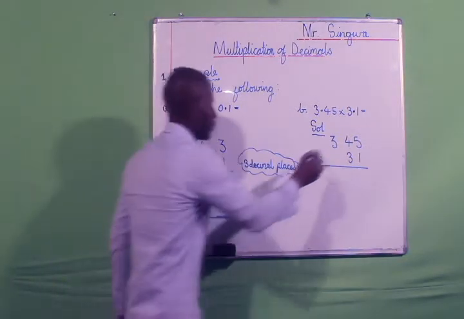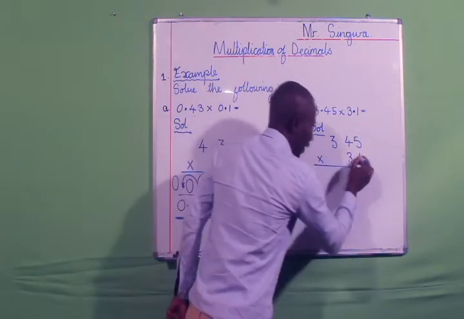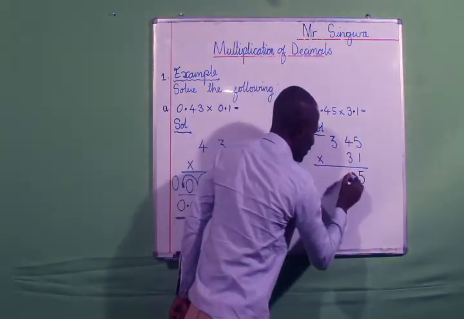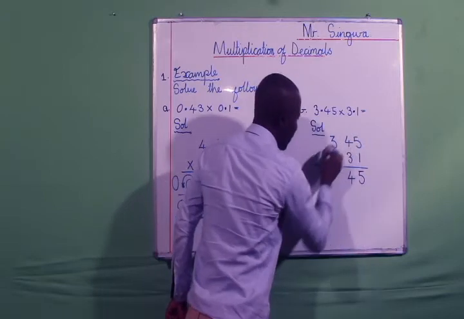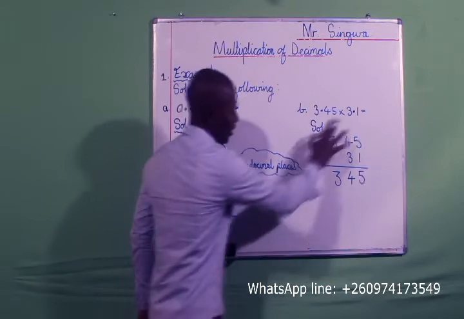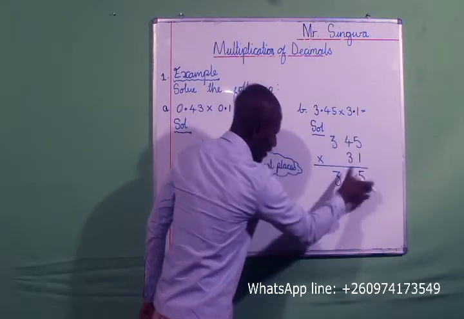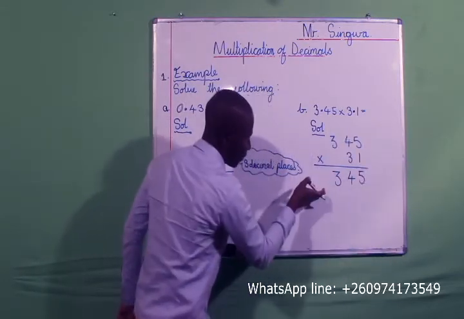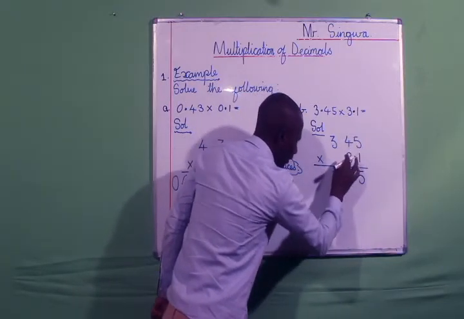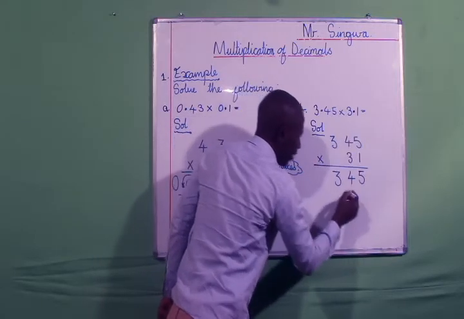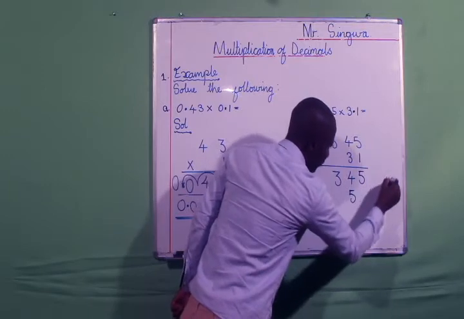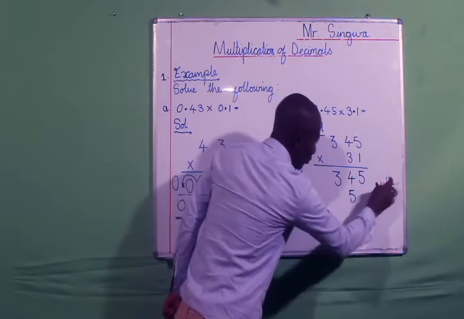Now let's begin. 5 multiplied by 1 is 5. 4 multiplied by 1 is 4. 3 multiplied by 1 is 3. This first row for ones is done. You come to 3, down here. 5 multiplied by 3, you put your 15 here: you put your 5 and you remember 1.